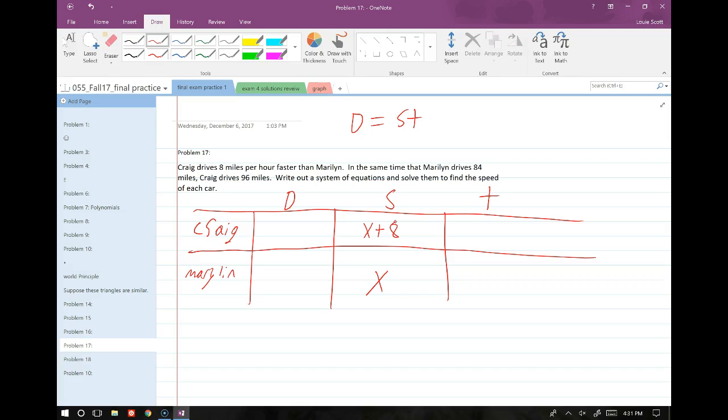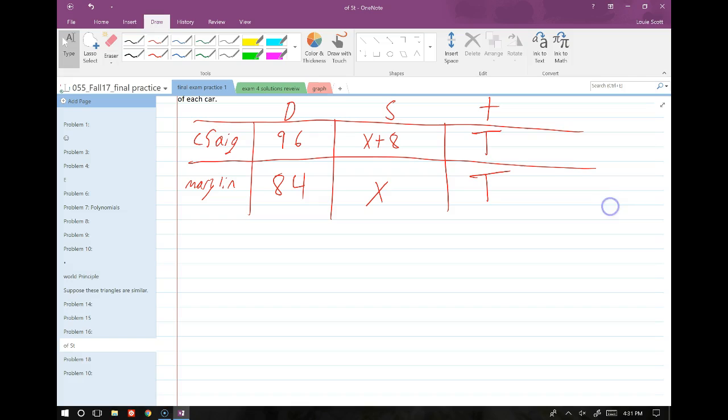So there are two very important things to take out of these sentences. First, Marilyn drives 84 miles, so her distance is 84. Craig drives 96 miles, so his distance is 96. But what's really important in this sentence is what it says right here, in the same time. So we're going to put a capital T there to tell ourselves this is the same time.